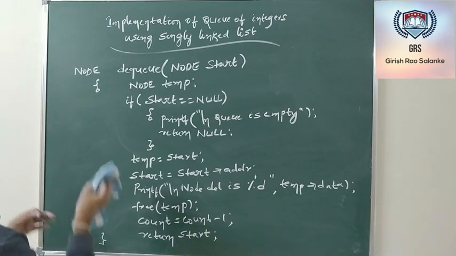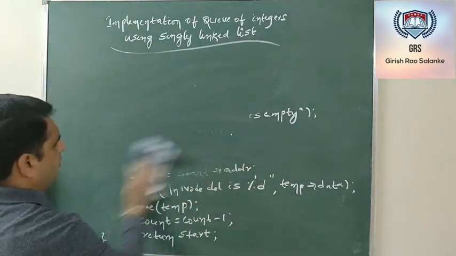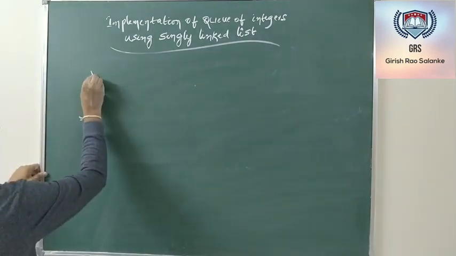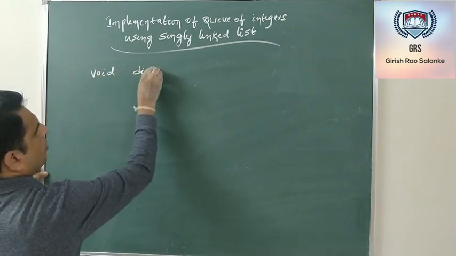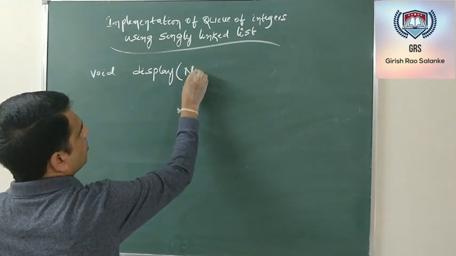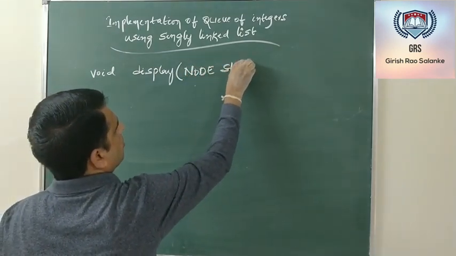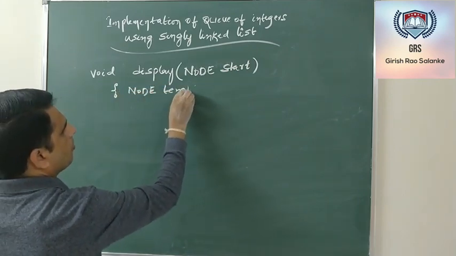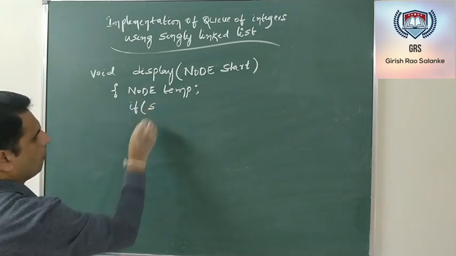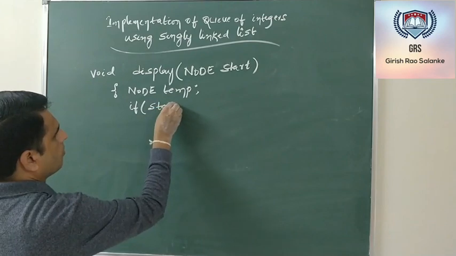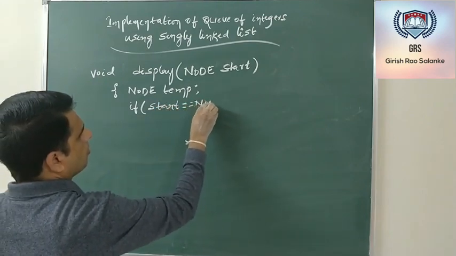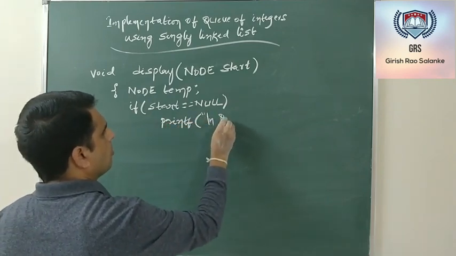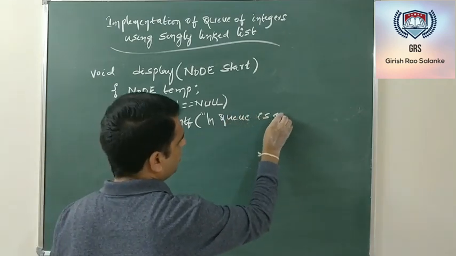Now coming to the display function. Rather than writing list as empty, I am just writing it as queue is empty.